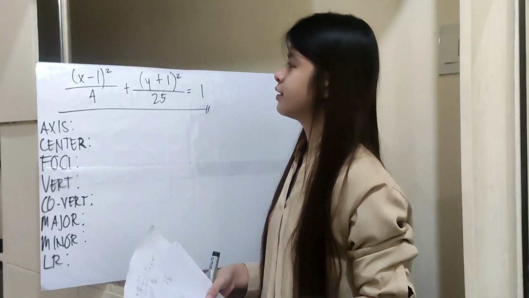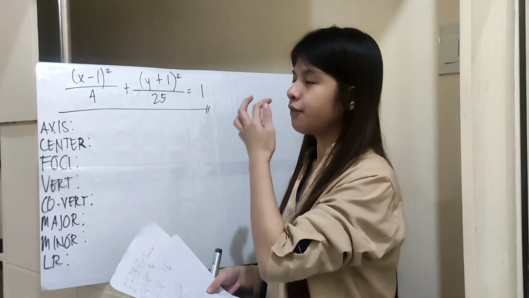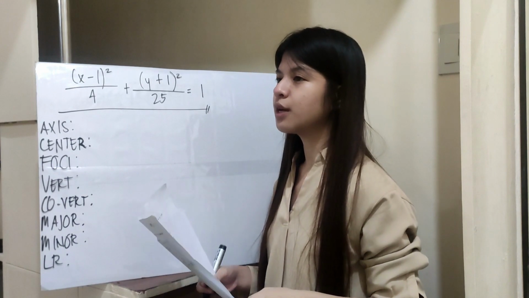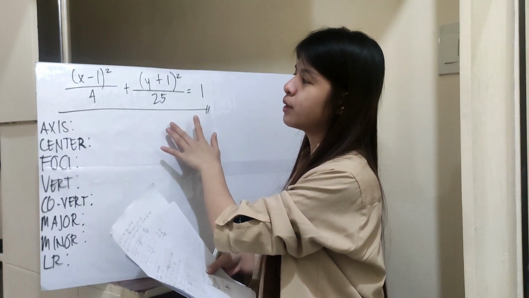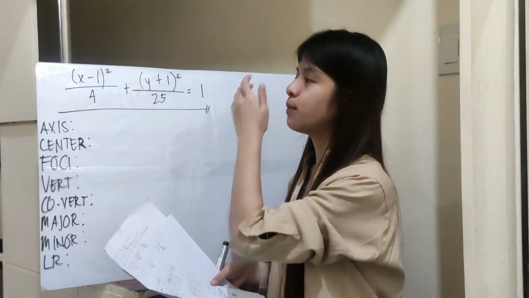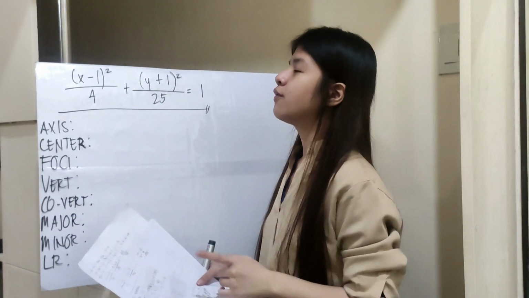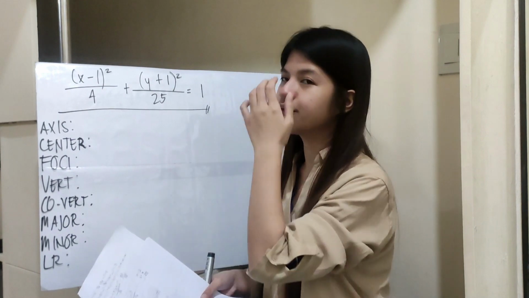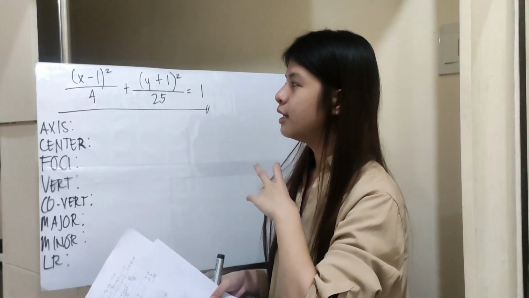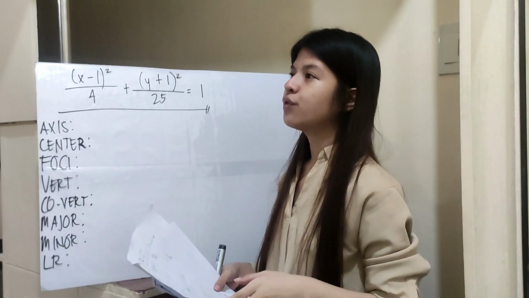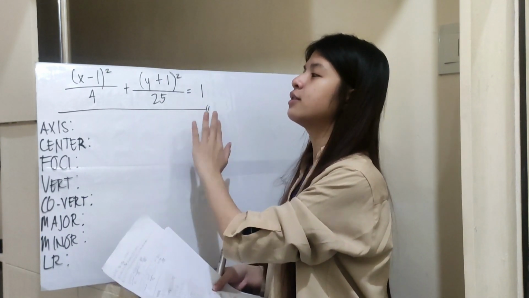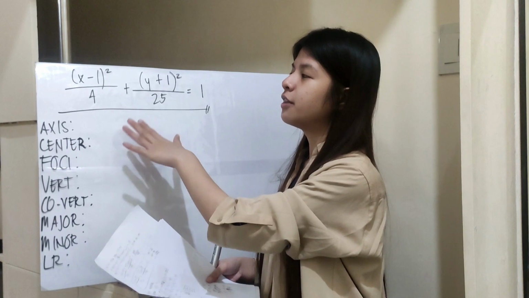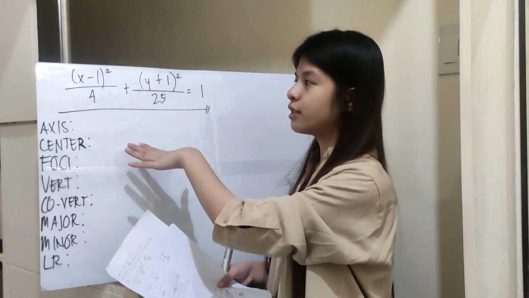So from here on, from the given example earlier, the standard equation we got from it, we will use it to solve for its properties. So first, how will we know if it's vertical or horizontal? It is vertical if the denominator of the y-coordinate is greater than the denominator of the x-coordinate.